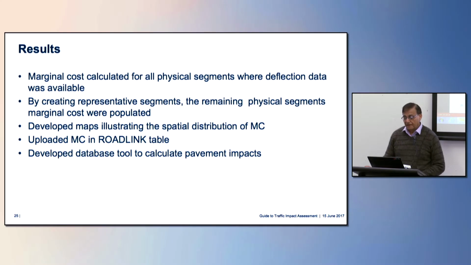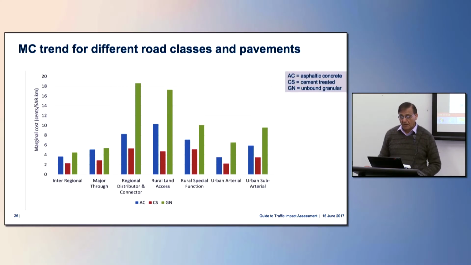Now this graph gives you the various impact levels in terms of the marginal cost, which is dollars per SAR per kilometer, for various road categories, starting from inter-regional to urban sub-arterial.